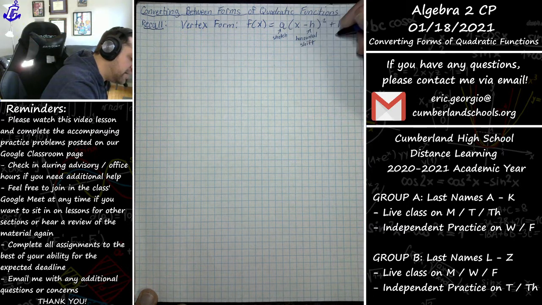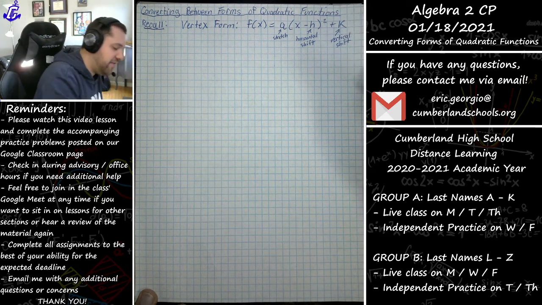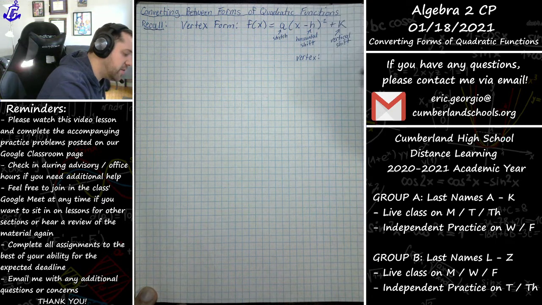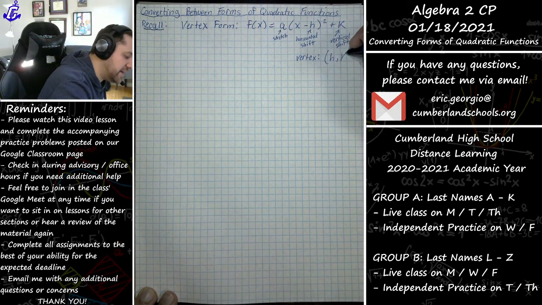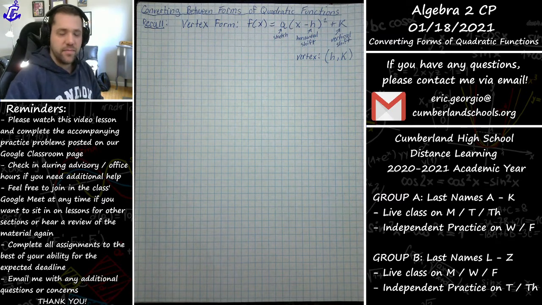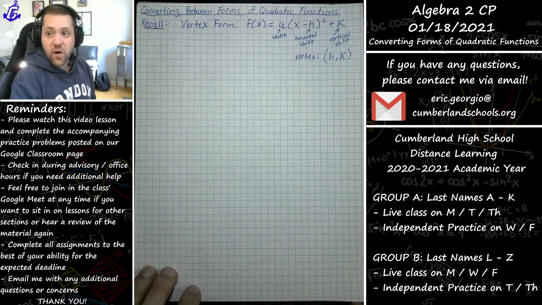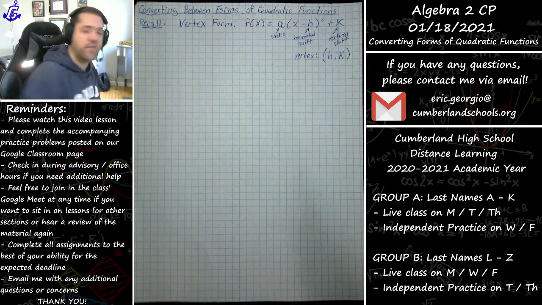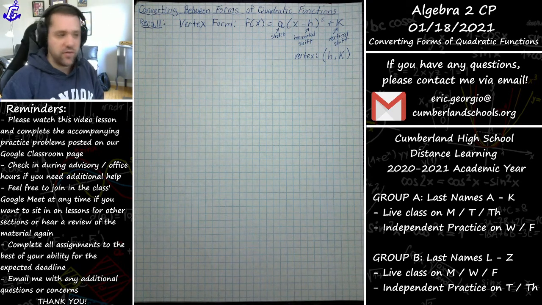And this k is your vertical shift. And from this information, you actually get that the vertex of anything written in vertex form is h comma k, right? It's the horizontal shift comma the vertical shift. So that's why it's called vertex form, because we can just look at the function, extract the vertex right away, and move into creating our chart.